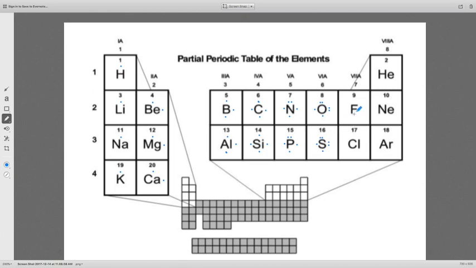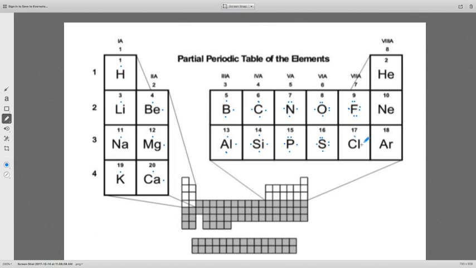Fluorine and chlorine are going to have 7 valence electrons, so again, start at the top. 1, 2, 3, 4, 5, 6, and 7 valence electrons.